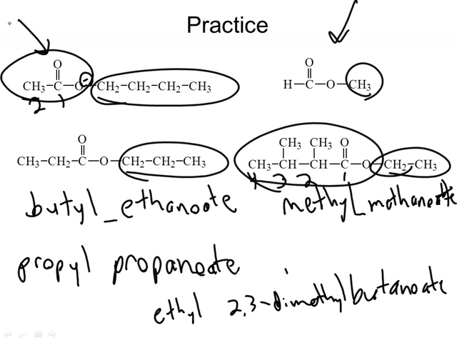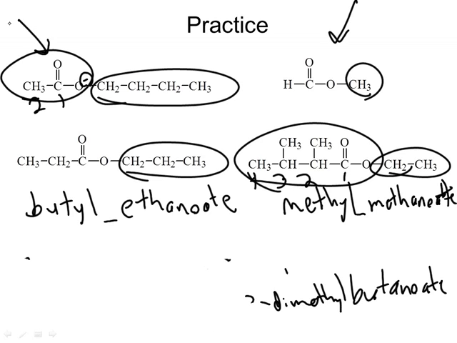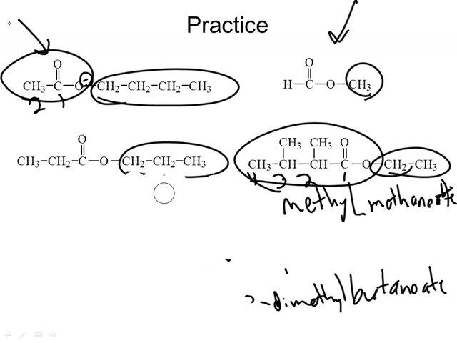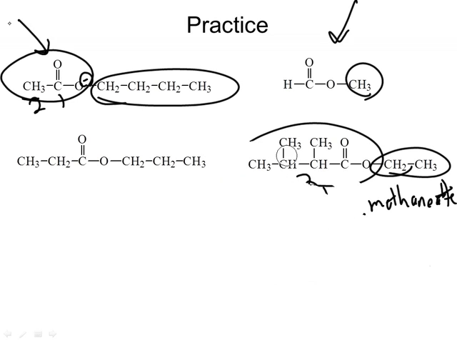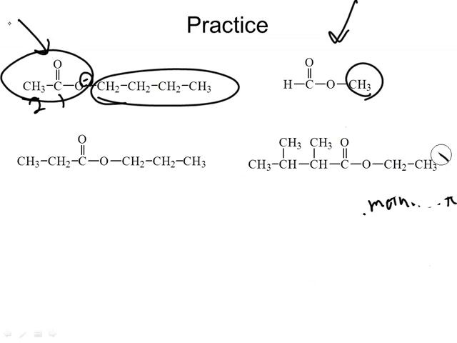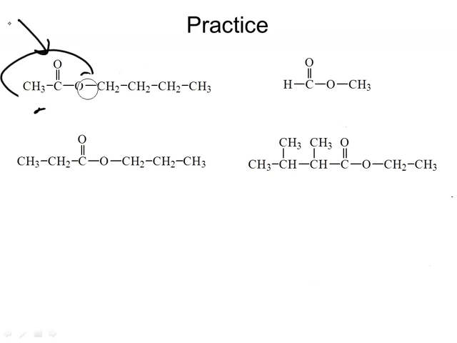I'm not going to get super complicated with the alcohol part. You might see an isopropyl or a sec-butyl or that sort of thing. You won't see anything more complicated than that. An example of that might be this.